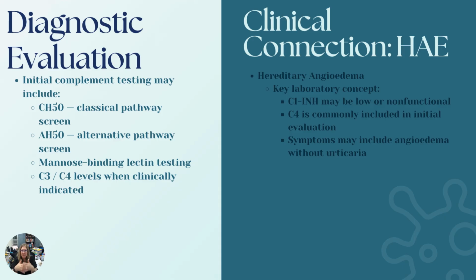A nice clinical example here is hereditary angioedema, where C1 inhibitor may be decreased or even dysfunctional. C4 is also commonly a part of the initial laboratory evaluation as well.